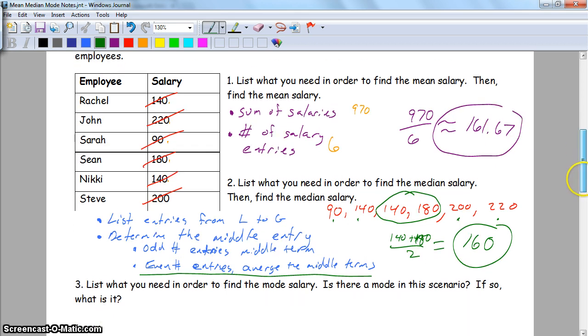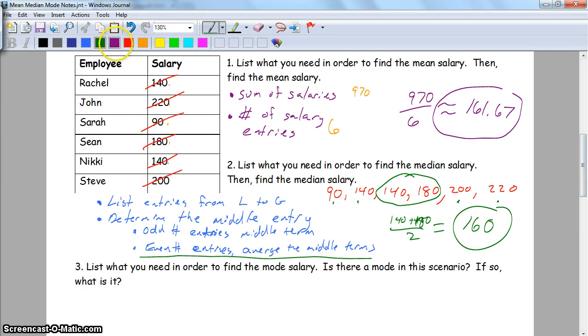Now, to figure out the mode, what would you need to know? You would need to know the number of times each entry occurs.